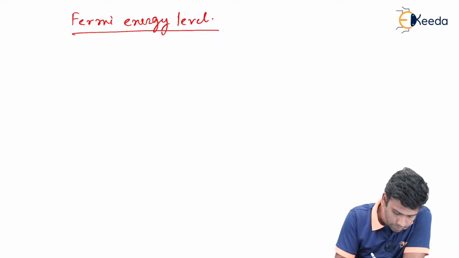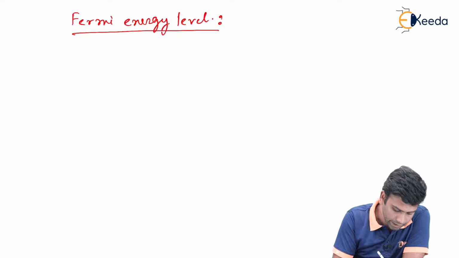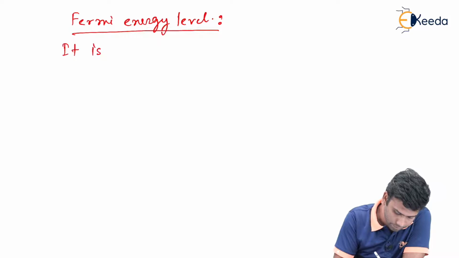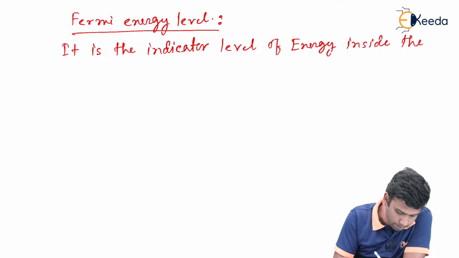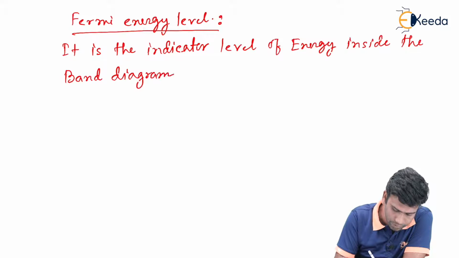So Fermi energy level, it is the indicator level of energy inside the band diagram of the semiconductor.